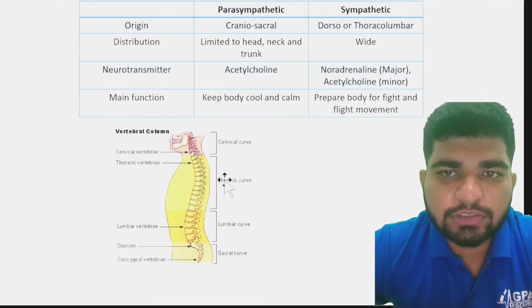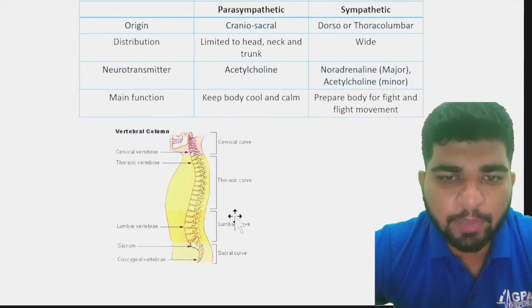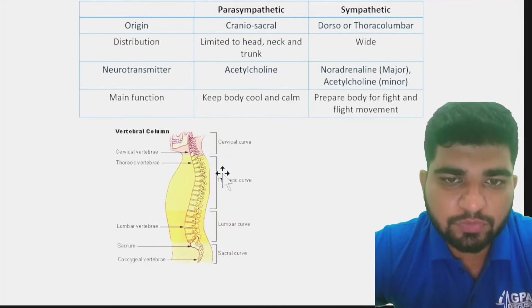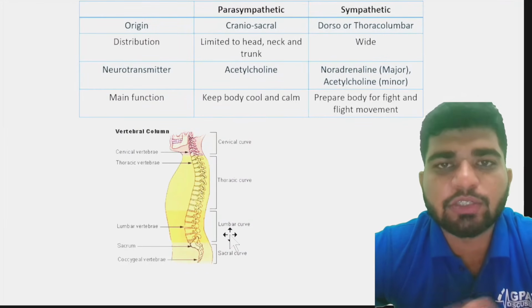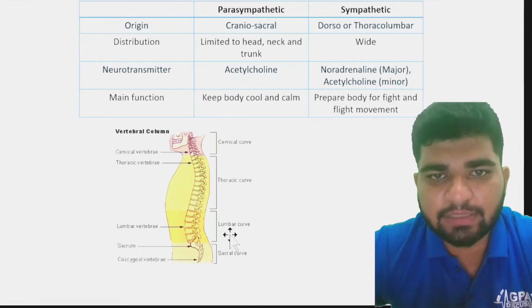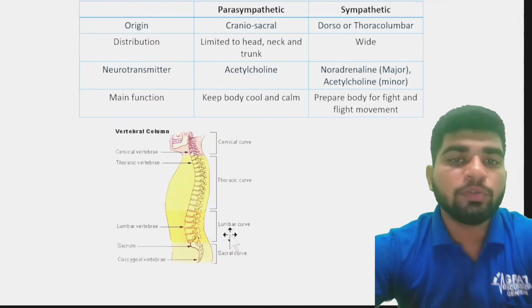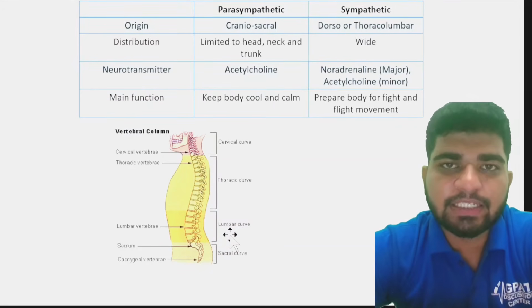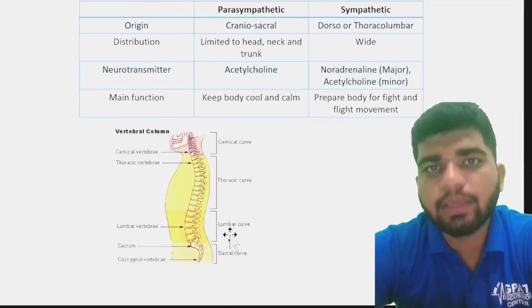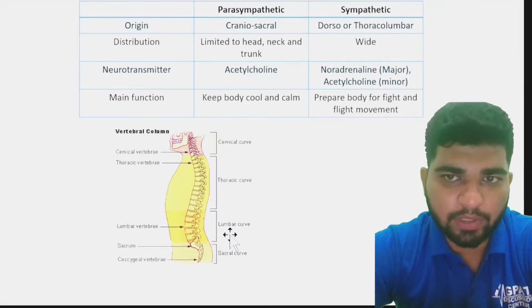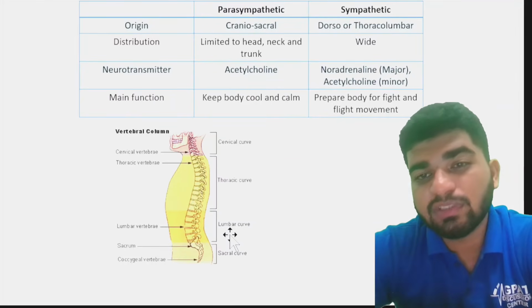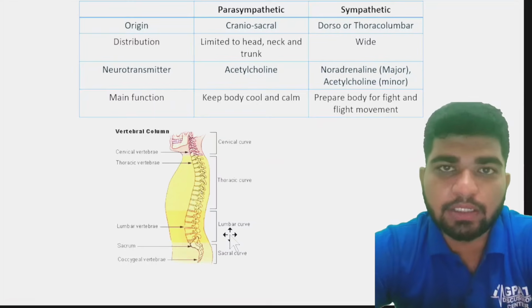So thoraco to lumbar, from this to this, is the origin of the sympathetic nervous system. As I've told you before, the parasympathetic is limited to the head, neck, and trunk only, but the sympathetic system is distributed all over the body.